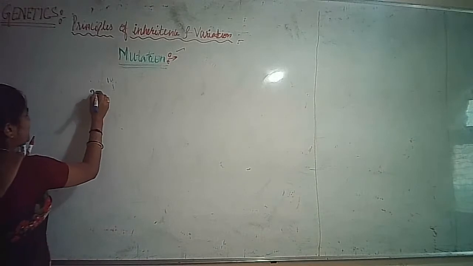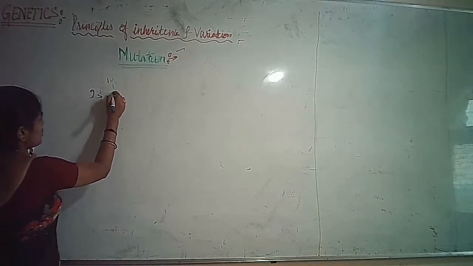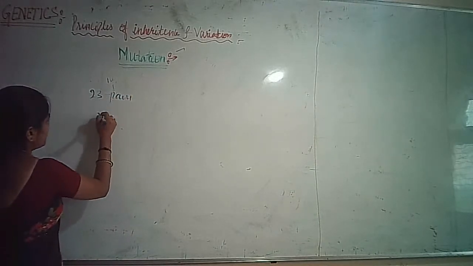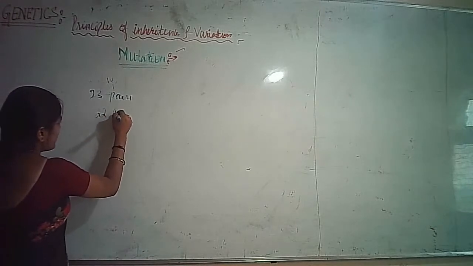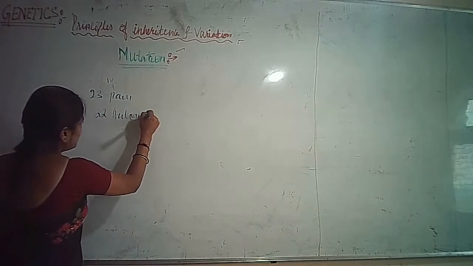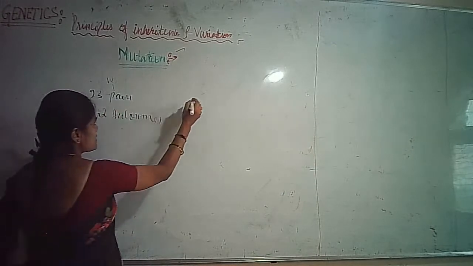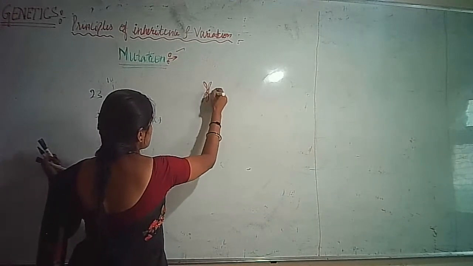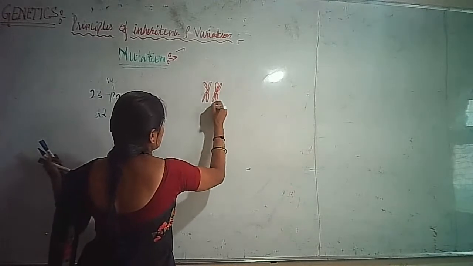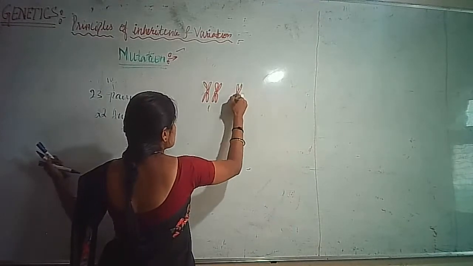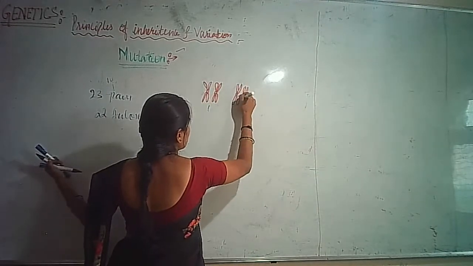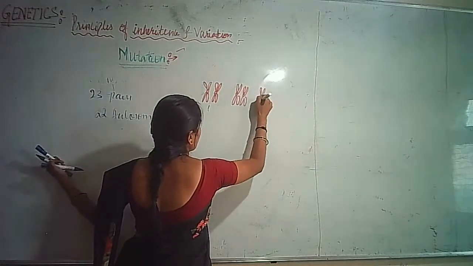So 23 pairs, total 23 pairs. Among them, 22 autosomes will be there. Autosomes may involve the 21st pair. For example, this is the first pair, second pair, third pair.